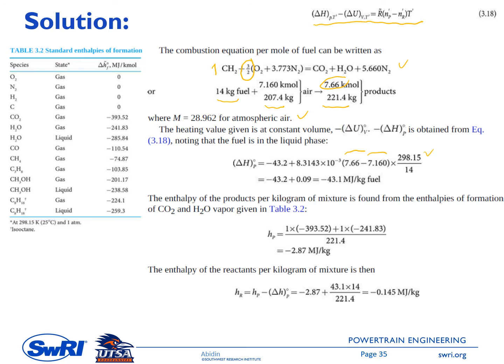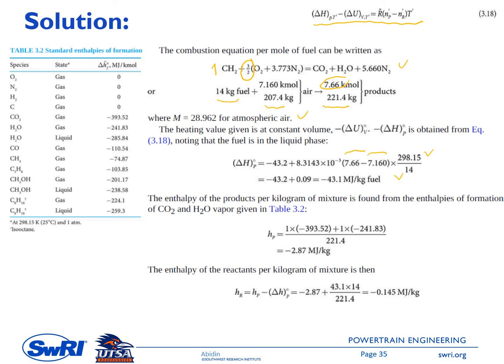So you will get delta HP, at constant pressure, of minus 43.1 megajoule per kilogram fuel.